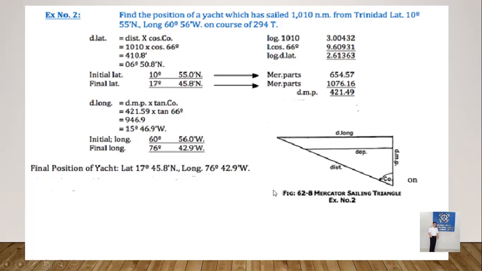Okay, so those are the two methods. You get your course and distance if two positions are given, and then you solve for the arrival position if only one position is given, and the course and distance are also given.